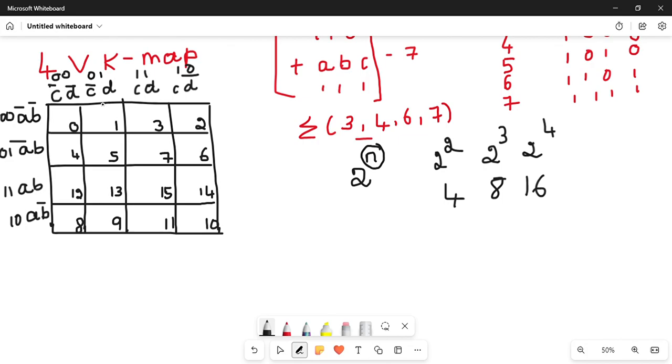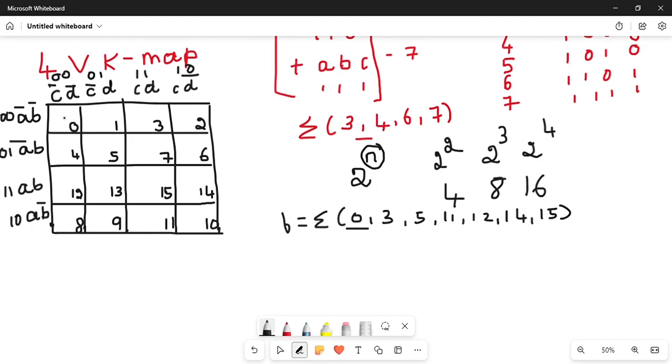I will not go into too much detail here. Now suppose he has given you a question: f is the summation of 0, 3, 5, 11, 12, 14, 15. When a question is given like this, these terms are the minterms wherein the function gets evaluated to 1.